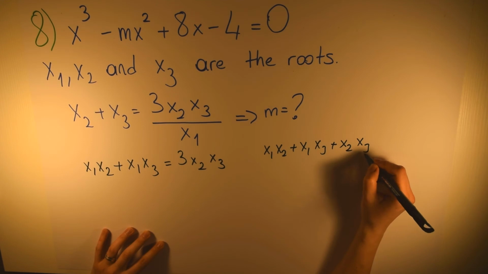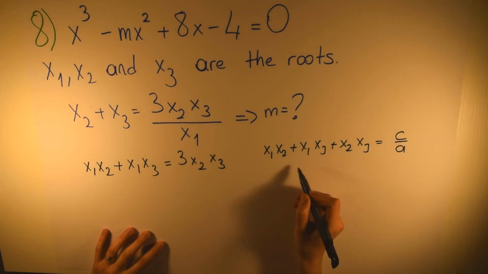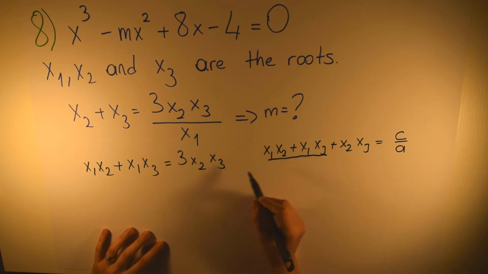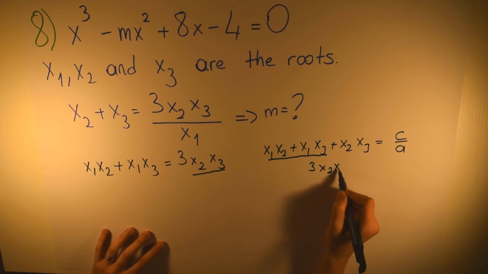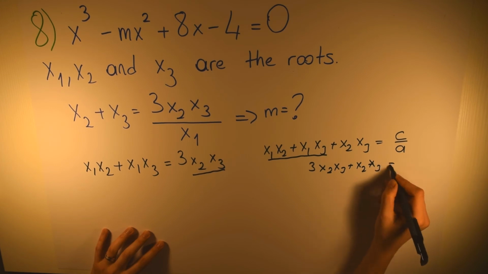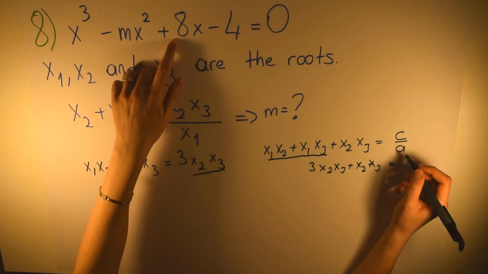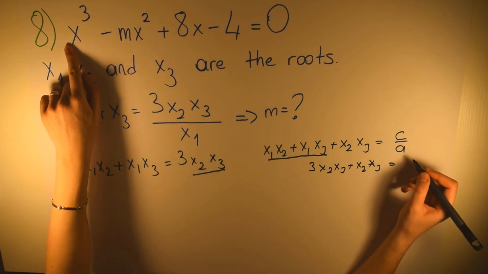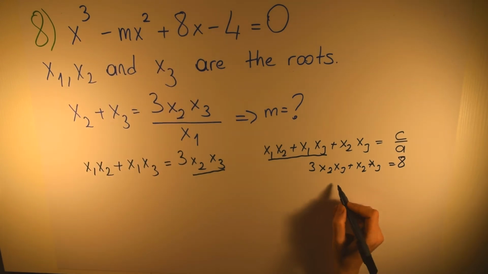What was the formula for this one? It was c over a. So here, instead of this part, I can write this, right? So it will be 3x2x3 plus x2x3 is equal to c over a. So here c is 8, a is 1, so it's going to be 8.